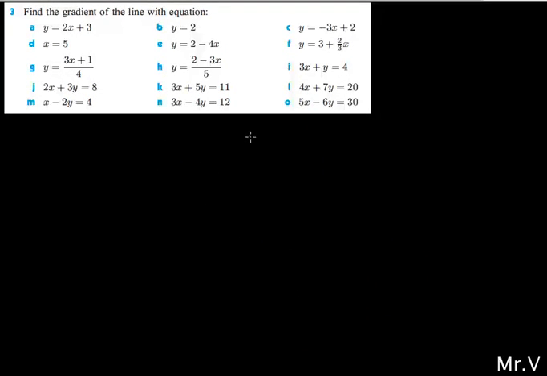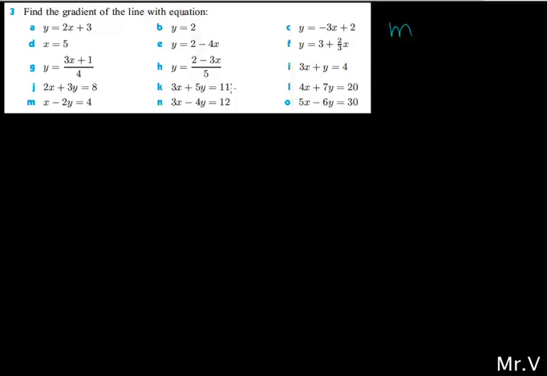In this third question, very simple. Find the gradient of the line with equation. So just find m.